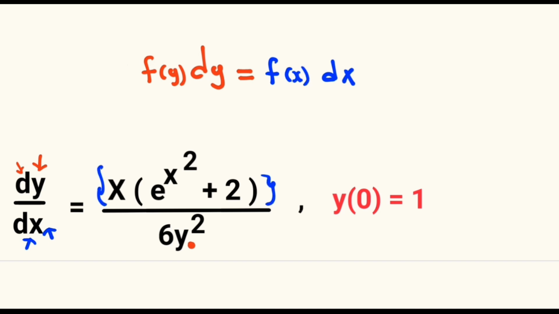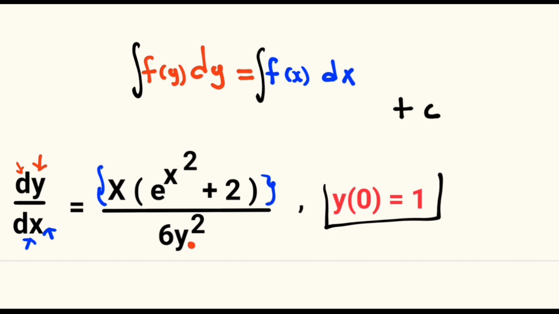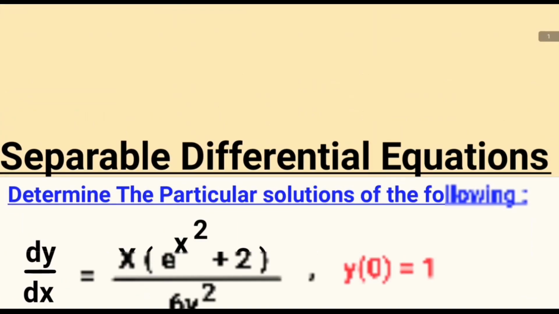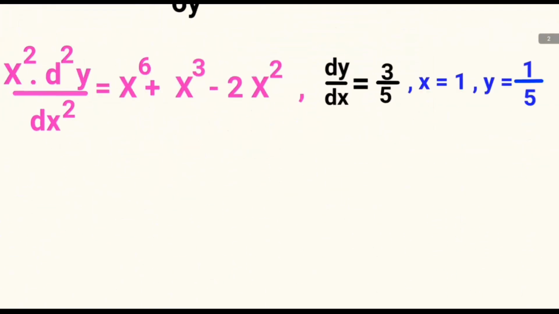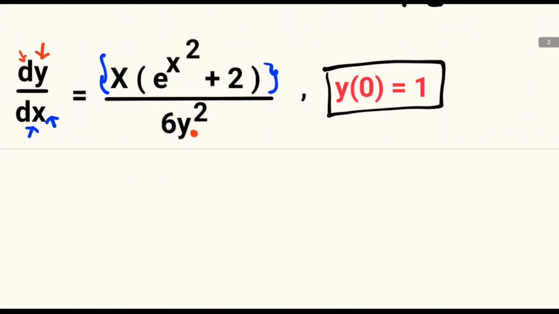And after that we introduce the integral sign on both sides of the equation. On the left hand side we integrate with respect to y, and on the right hand side we integrate with respect to x. And after the plus c, we have to determine the value of the c using that initial value, because we are looking for the particular solution and not the general solution.